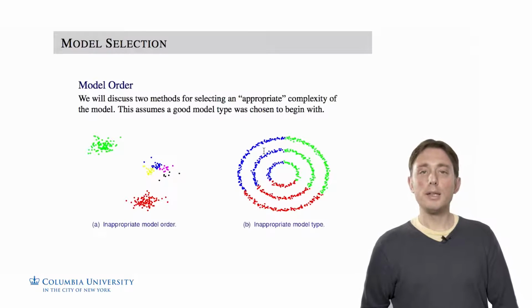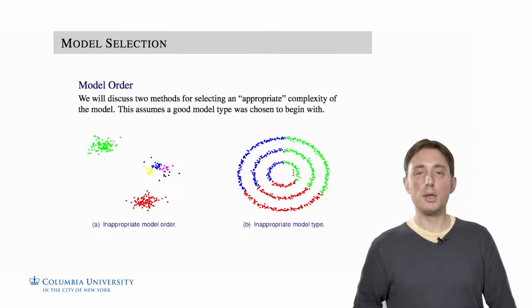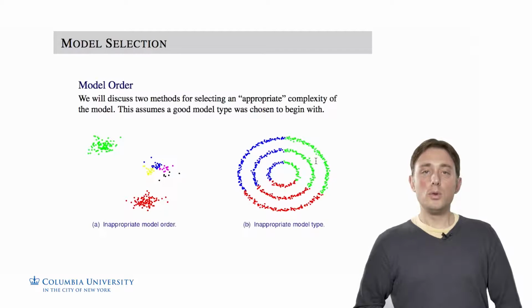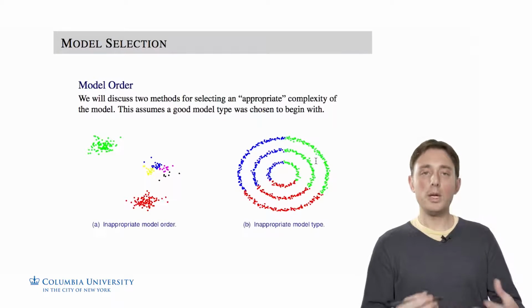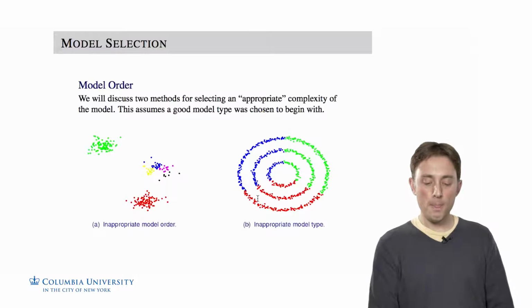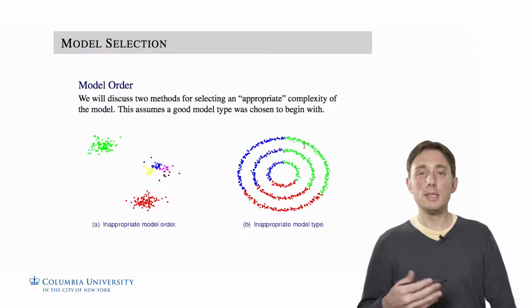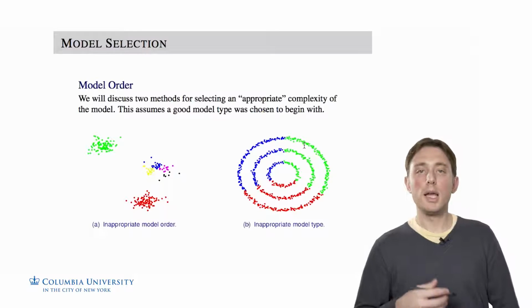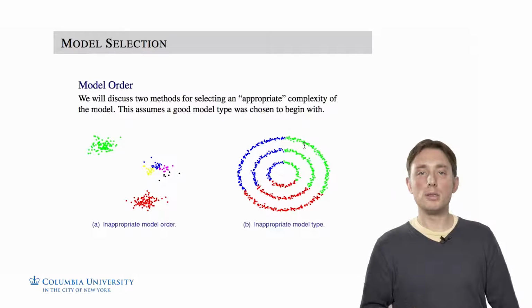In this plot on the right, if we wanted to cluster this data into 3 clusters using a Gaussian mixture model in the original data space, we could argue that we haven't even picked the correct model type to begin with. So a Gaussian mixture model on this type of data is inappropriate to begin with, and so selecting the correct number of Gaussians or the correct model order is not even an issue that we should discuss.